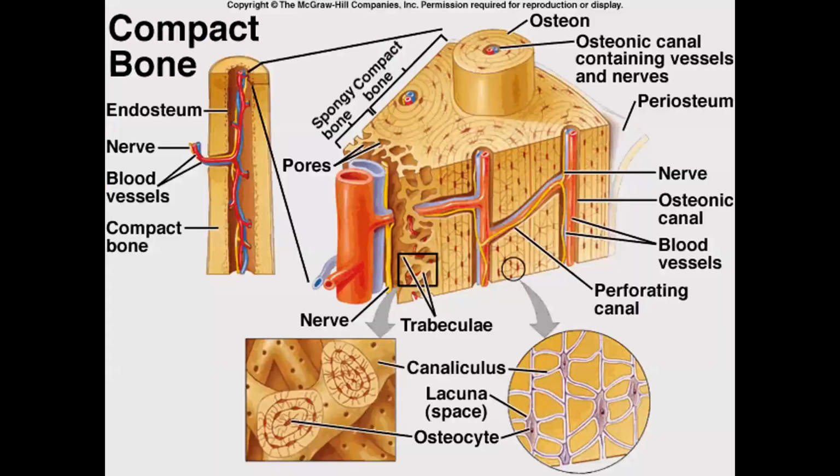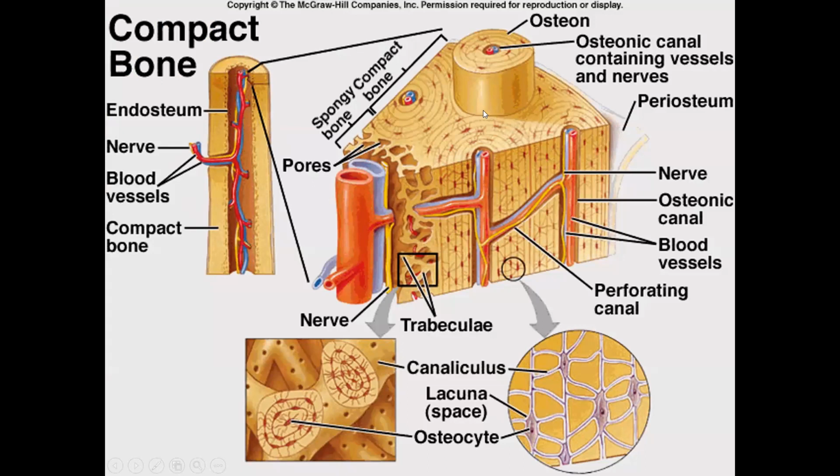So let's take a look here. This is a bone, obviously. This is a long bone, and this is a compact bone here surrounding the medullary cavity, and we have blood vessels and nerves in there, and spongy bone on the edge of it. So this is what this little section looks like from here out.